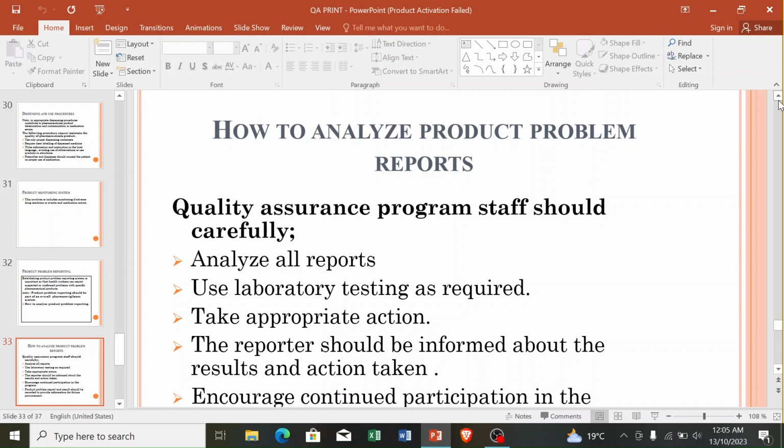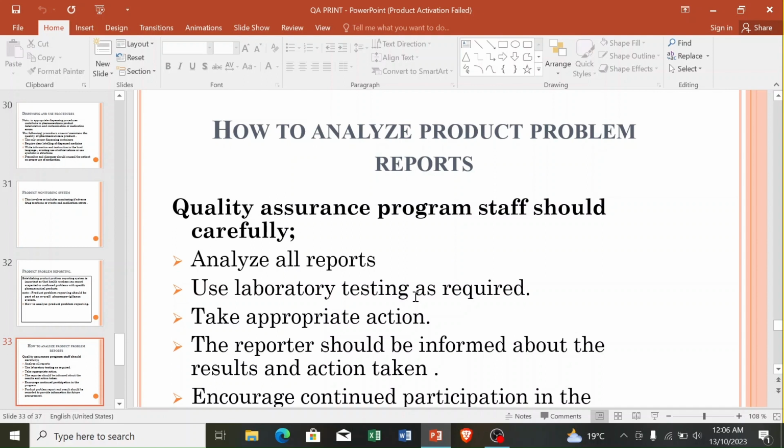And after they have analyzed them, they use laboratory testing as required. You look at what should have happened, exactly as written in that story. So you carry out different tests, and that takes you back to the parameters. You look at identity, strength, potency, bioavailability, and stability.